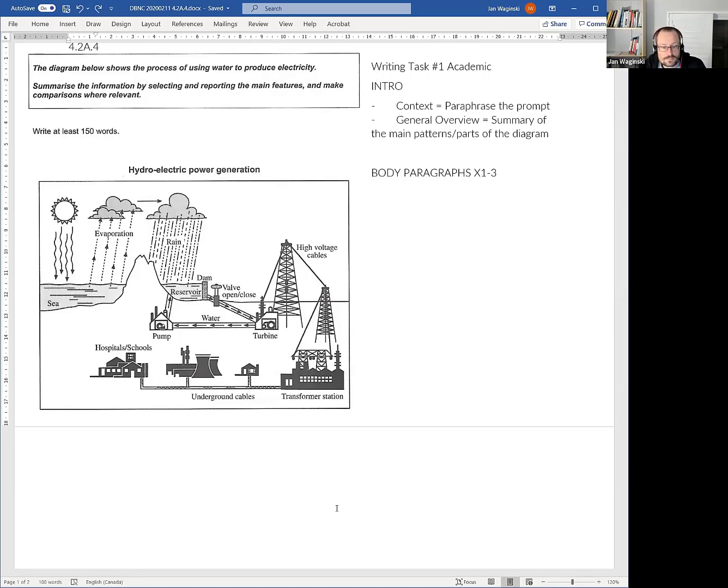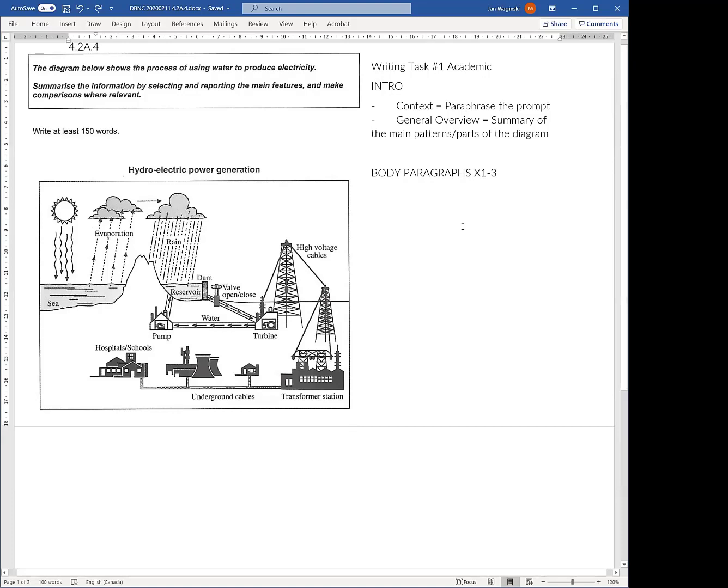Marcel, how many paragraphs would you divide this into? We can divide in 3 paragraphs or 2. Okay. What would they be? The introduction and explanation about the overall, and then the first paragraph talking about how the electricity is made, is produced.